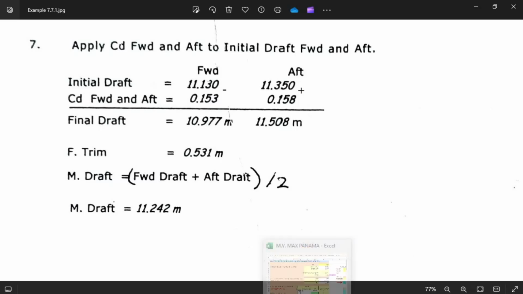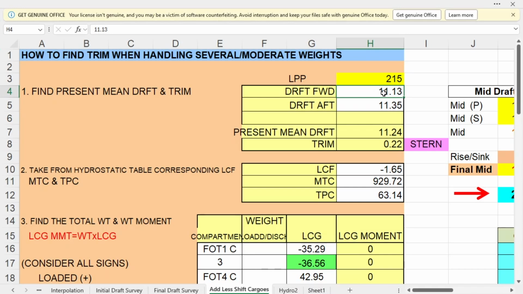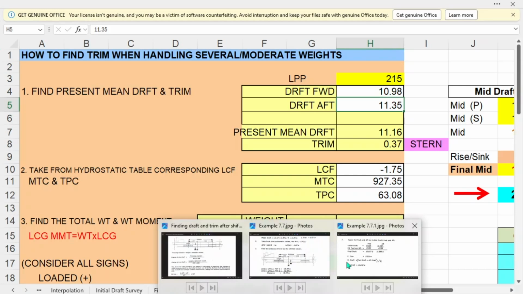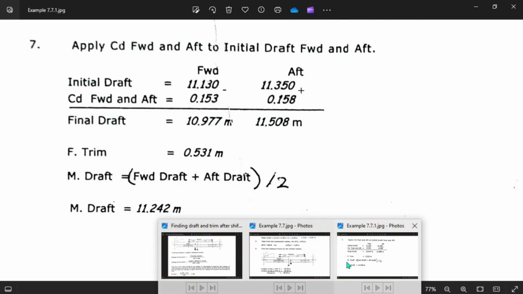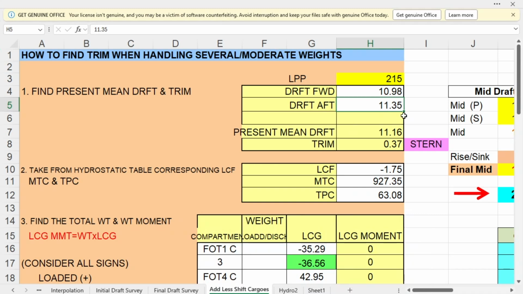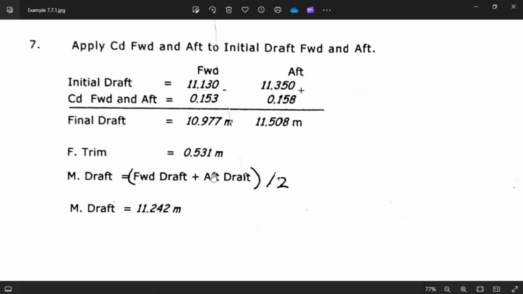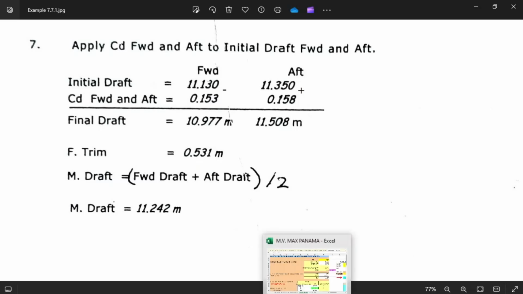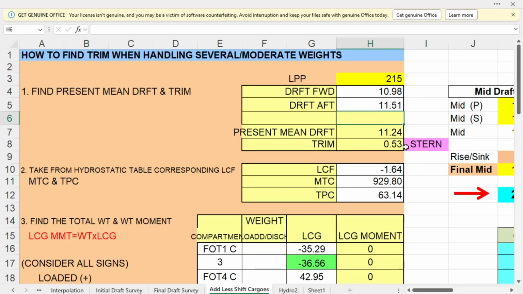Forward draft is 10.977, aft draft is 11.508, the mean draft will be 11.24, and your trim will be 0.531. So that's it.